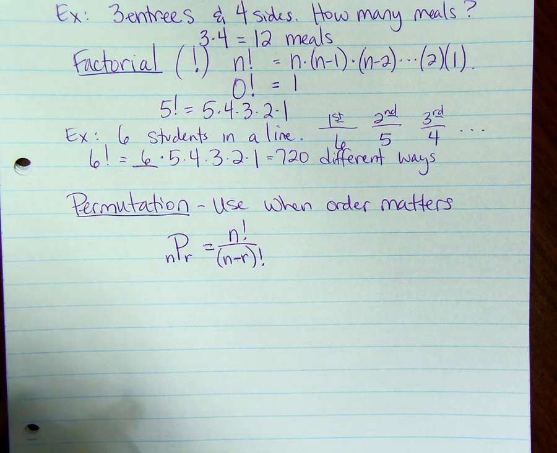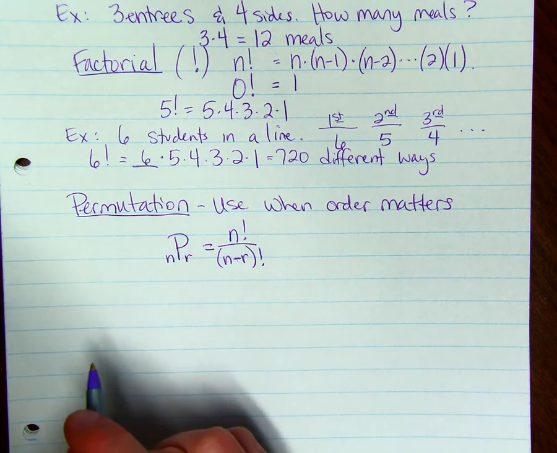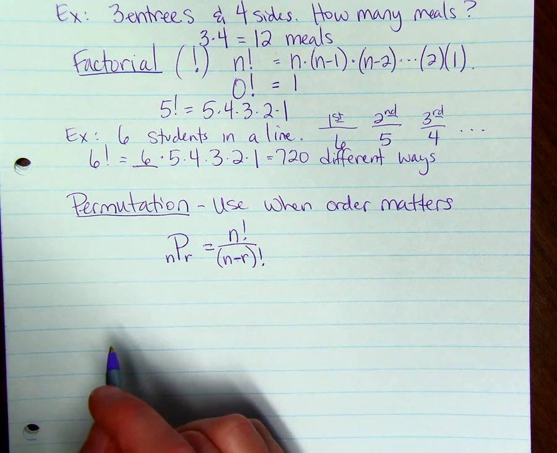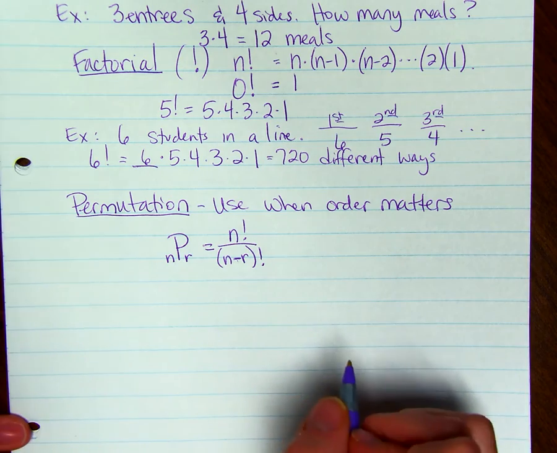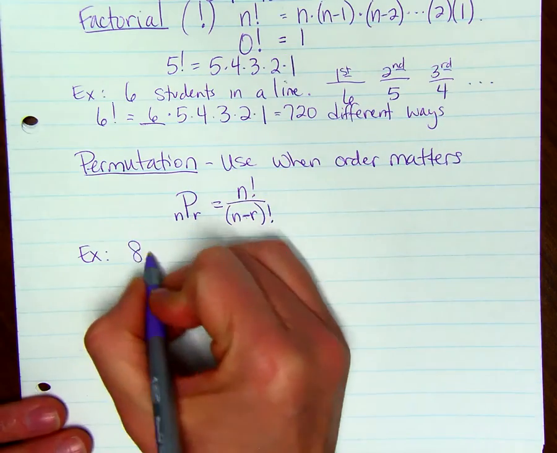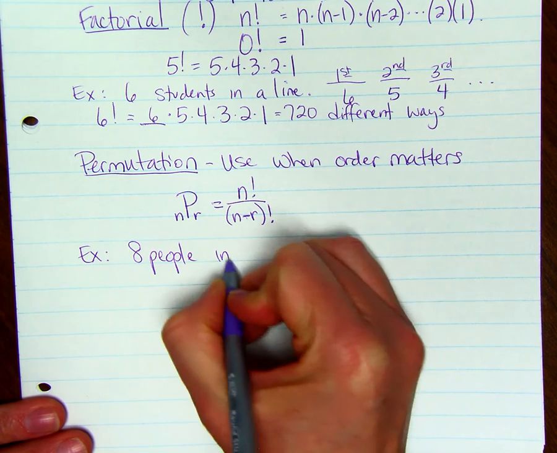Let's see how we can do this. Here's an example. 8 people are competing in the 100-meter dash. In how many ways can the runners finish in 1st through 8th place? So 8 people in a race.